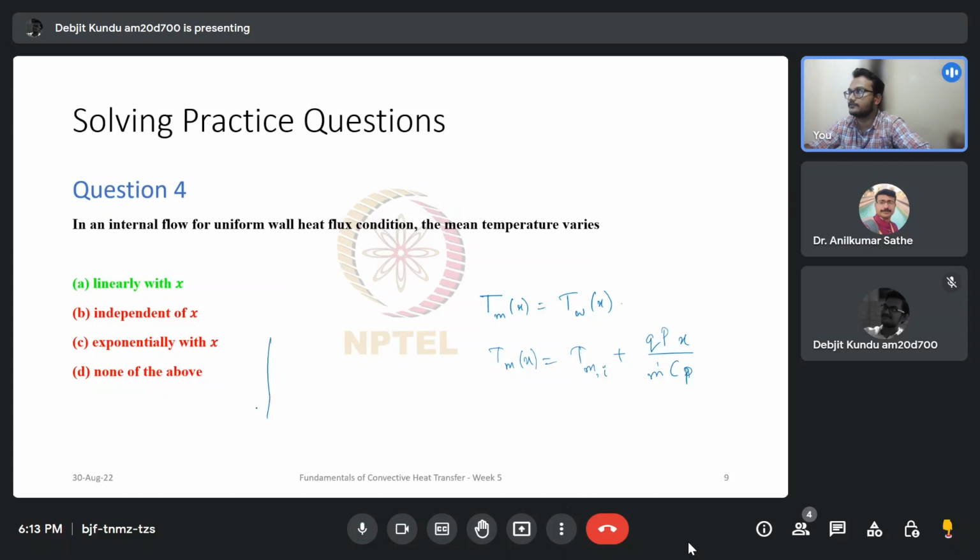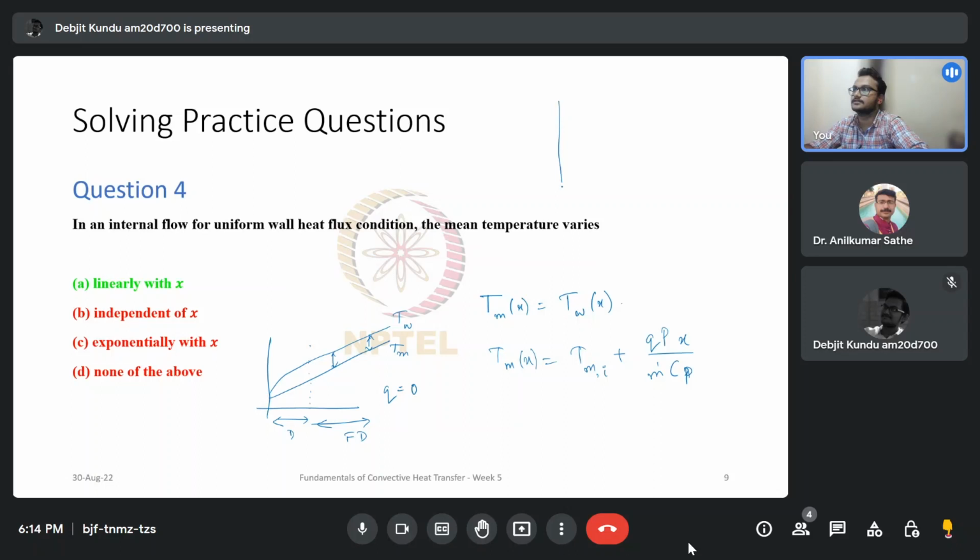For uniform heat flux, there is this linearly varying Tm, and if we consider this is the developing zone and this is the fully developed zone, there would be a gradual change within the developing zone, and again this becomes linear, and this distance remains constant between Tm and Tw, the wall temperature and the mean or bulk flow temperature. This is for Q equal to constant, the constant heat flux condition.